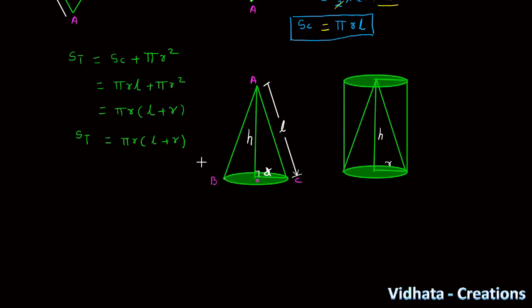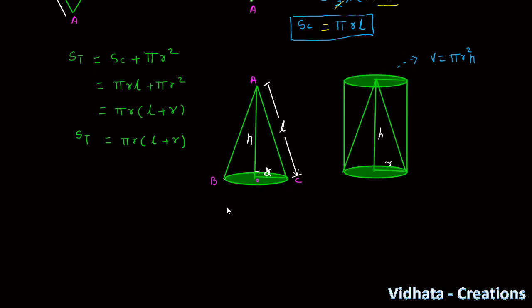the volume of this cone is 1/3 of the total volume of the right circular cylinder. Previously you calculated the volume of the right circular cylinder by area of base, which is pi r square, multiplied by height. This is the volume of a right circular cylinder.